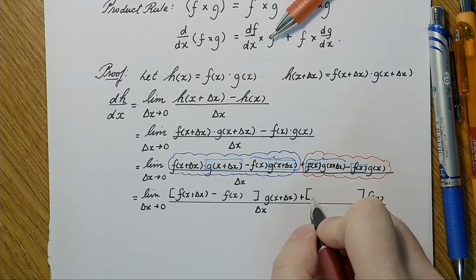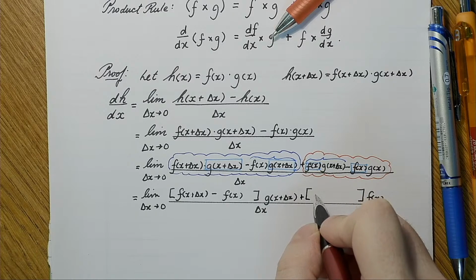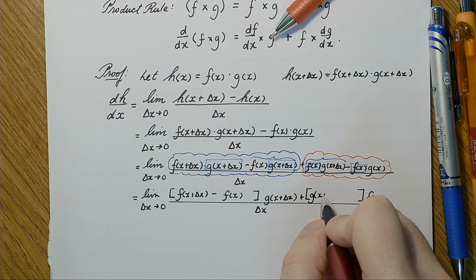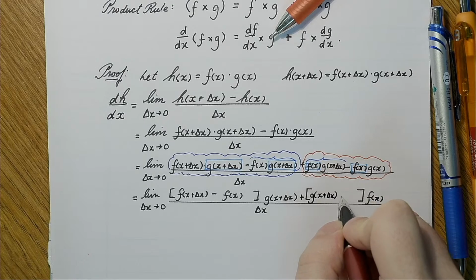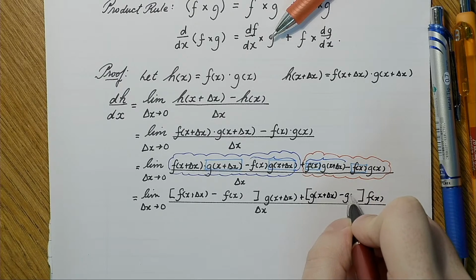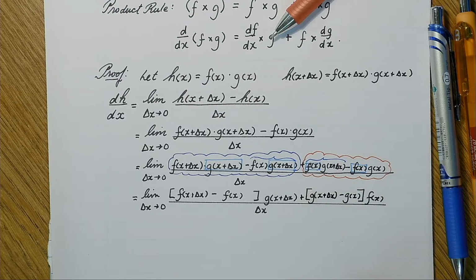And so what I'm left with is g of x plus delta x minus g of x.